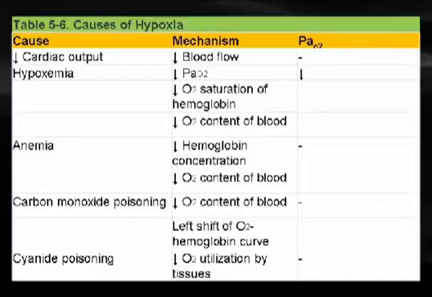If we have a low cardiac output, it's going to decrease blood flow. That will decrease oxygen delivery to the tissue, regardless of what the arterial O2 is, and could produce hypoxia. Anemia will decrease our oxygen carrying capacity in the blood and decrease the oxygen delivery to peripheral cells. And we're going to talk about the special cases of carbon monoxide poisoning or cyanide poisoning.